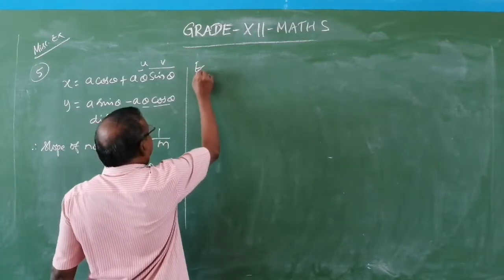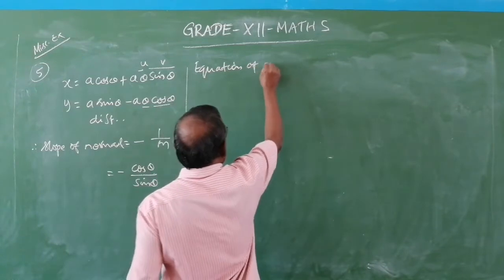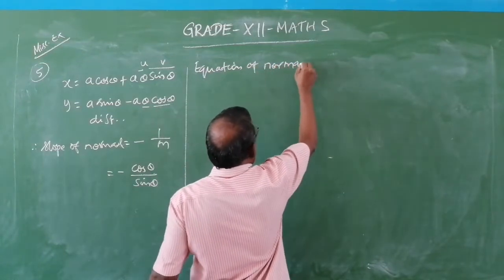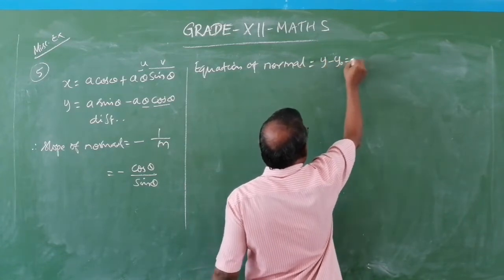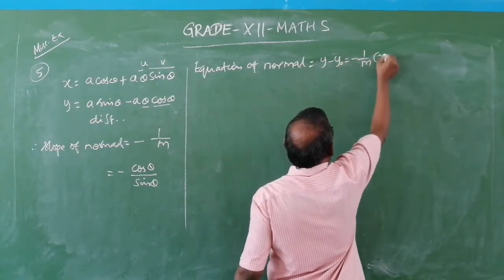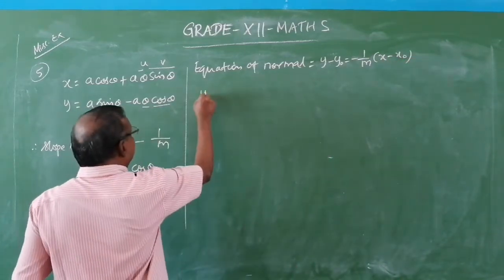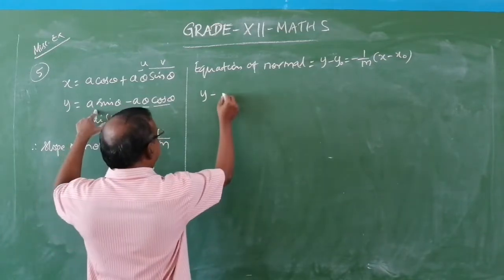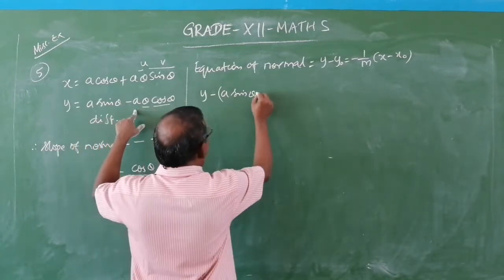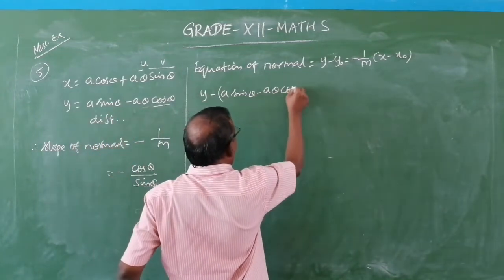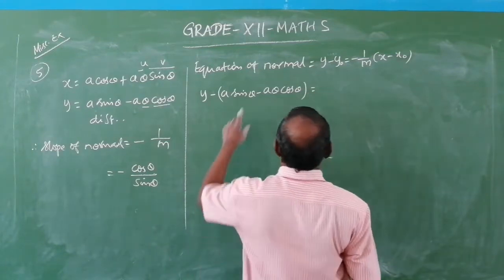Equation of normal: y minus y naught equal to minus 1 by m into x minus x naught. Here y minus y naught is a sin theta minus a theta cos theta, equal to minus 1 by m.